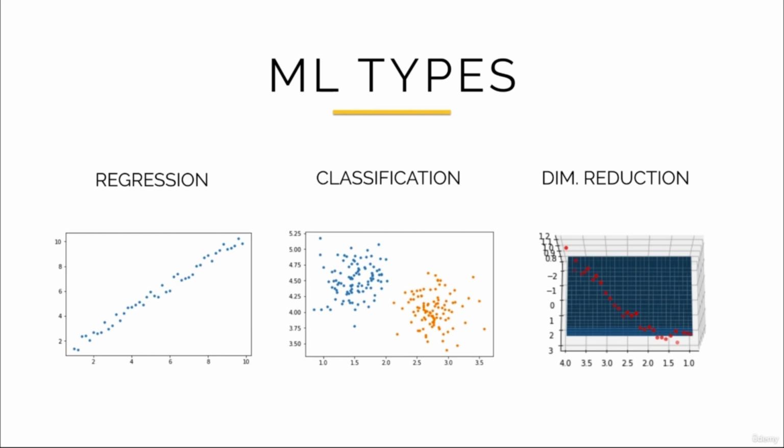But that's the idea: you're not trying to assign any numerical values, but rather you're trying to sort them into different groups.